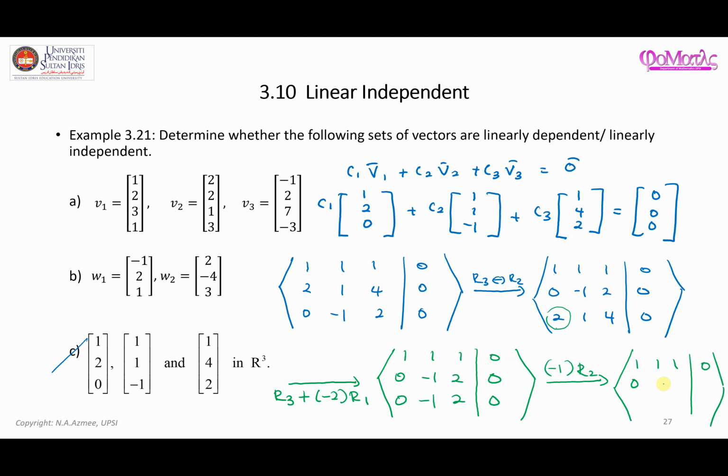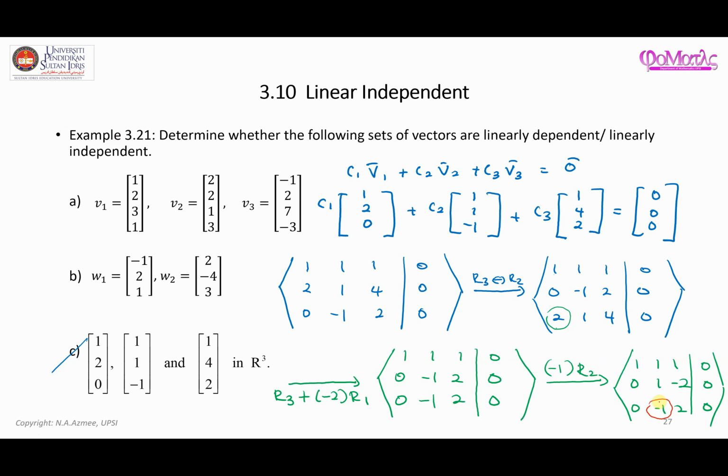Here we have 0, 1, negative 2, 0, and at the bottom is 0, negative 1, 2, 0. Now I'm going to let this become 0, so I need to change the third row to the third row plus 1 times R2.